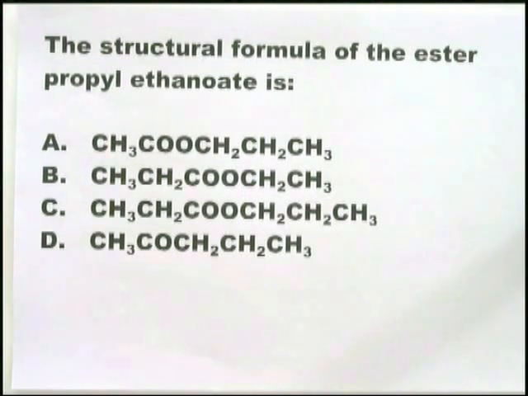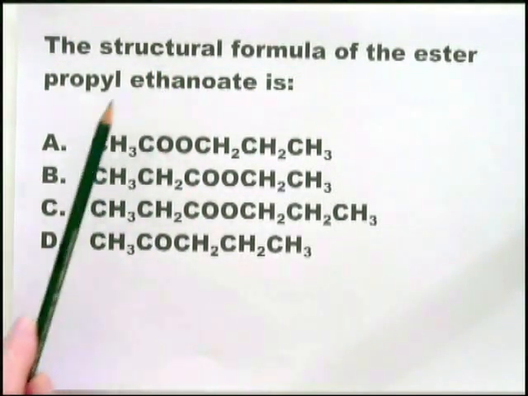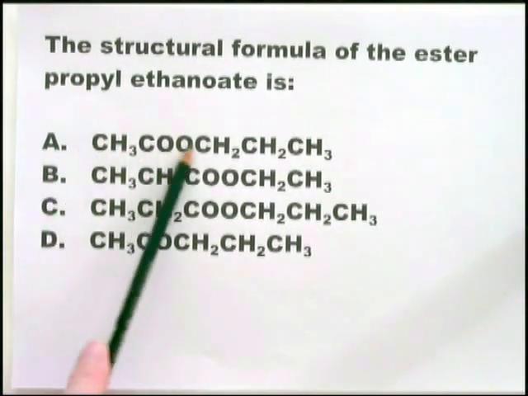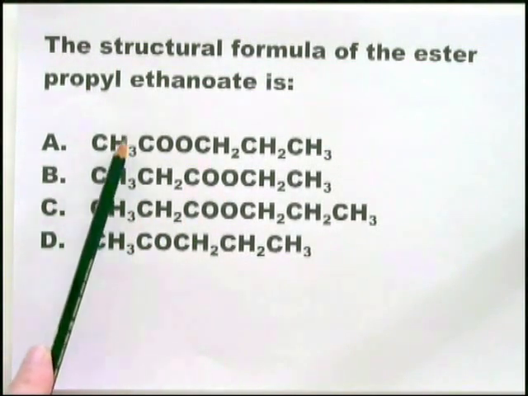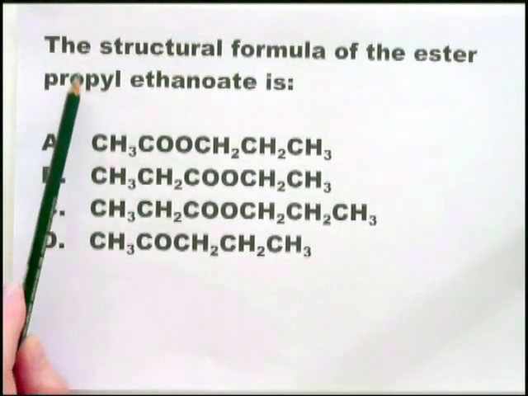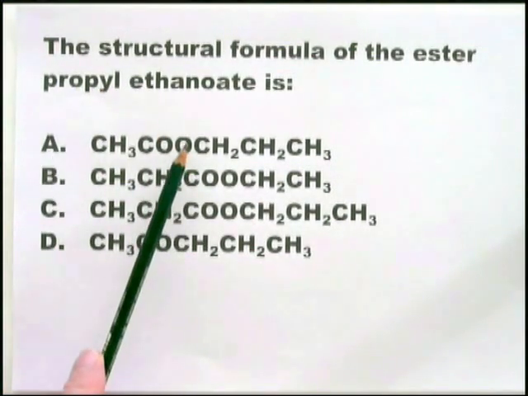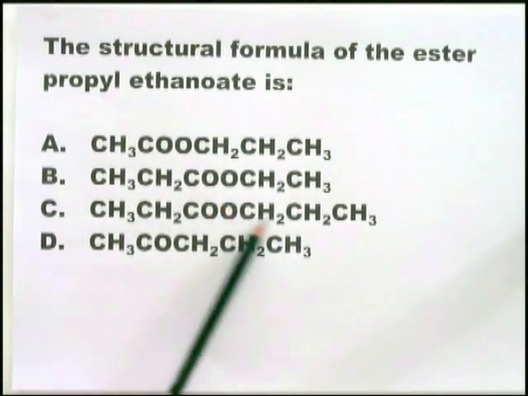And sometimes with these questions, if you just look for the ethanoate part, CH3COO, that's clearly ethanoate. You could have got it first of all, looking for ethanoate. And sometimes looking for the propyl part, 3 carbons connected to an oxygen, 3 carbons connected to an oxygen, 2 carbons, 3 carbons.